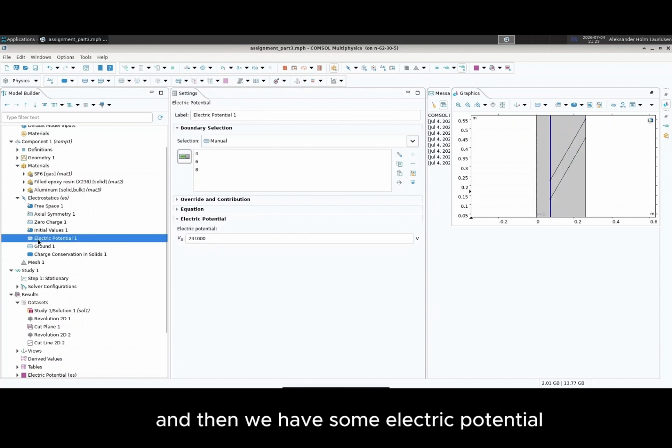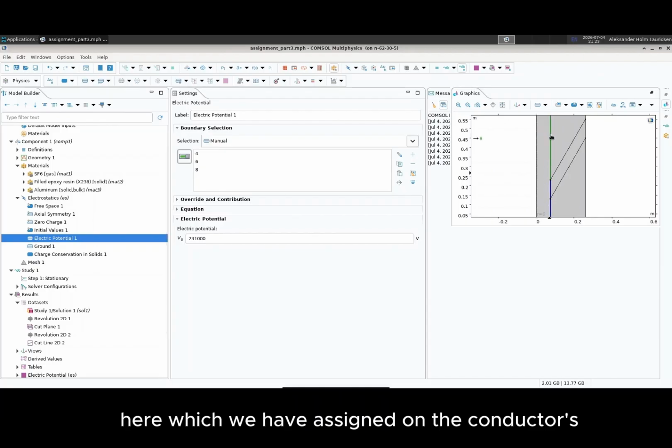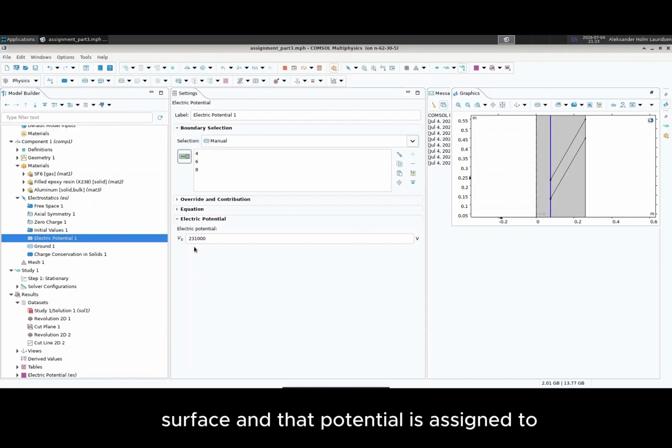And then we have an electric potential, which we have assigned on the conductor's surface, and that potential is assigned to 231 kilovolt. So quite a high potential.